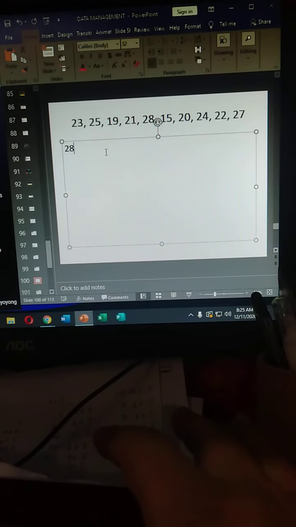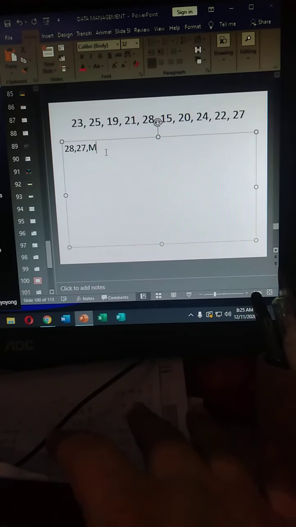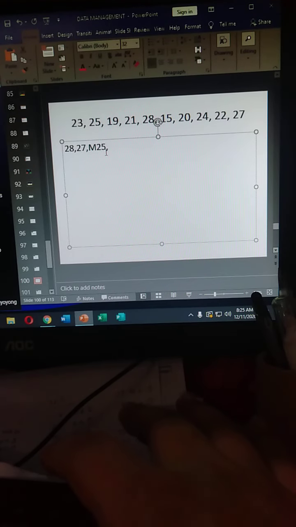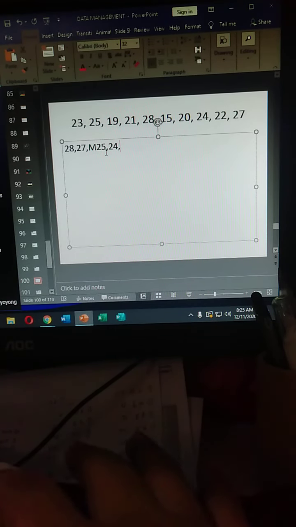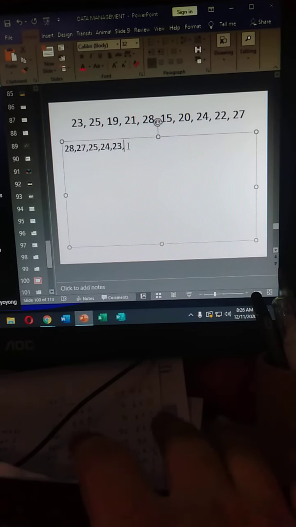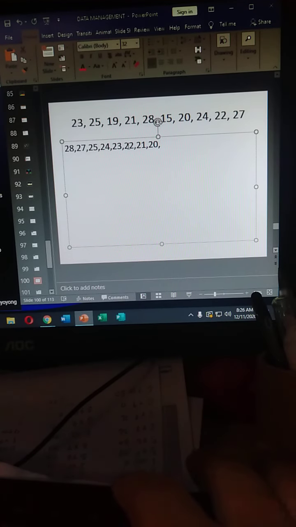So, we have 28, we have 27, and then followed by 25, followed by 24, and then after 24, we have 23, 22, 21, 20, 19, and 15.